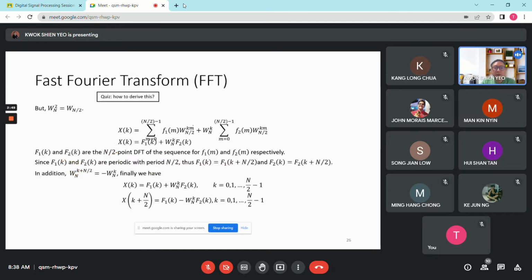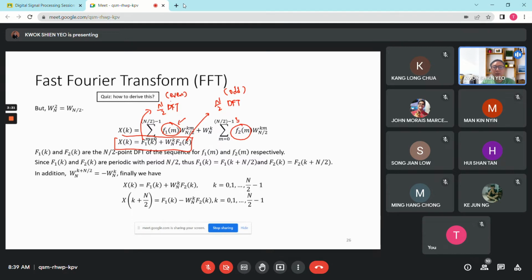After you do some calculations, the scientists found that we can break down the N-point DFT into two N over 2 point DFTs. One sums up the even index entries from the sequence, and the other is also an N over 2 point DFT, which sums up the odd index entries from the original sequence. So the sequence has been split into two, and the DFT's length is also shortened by half.